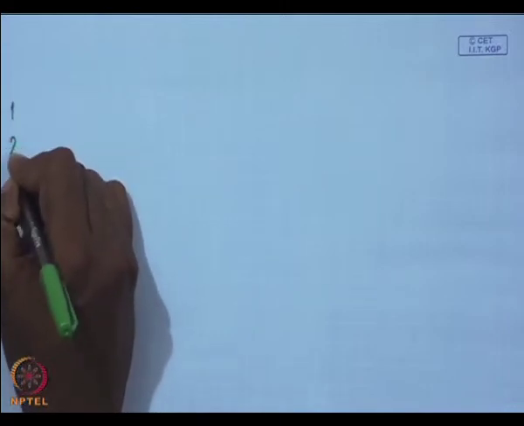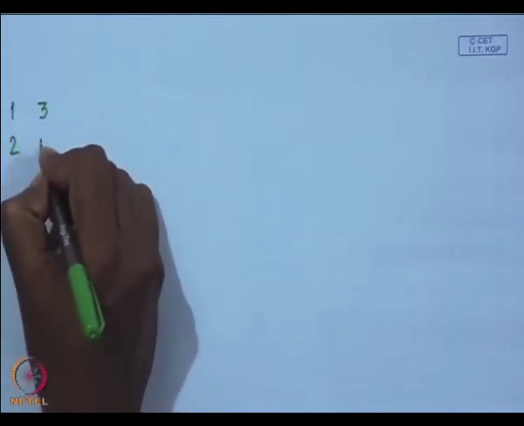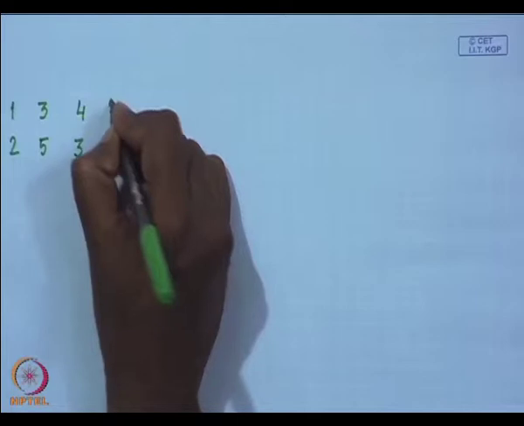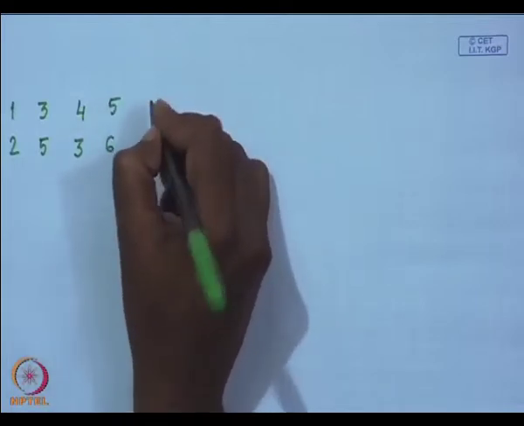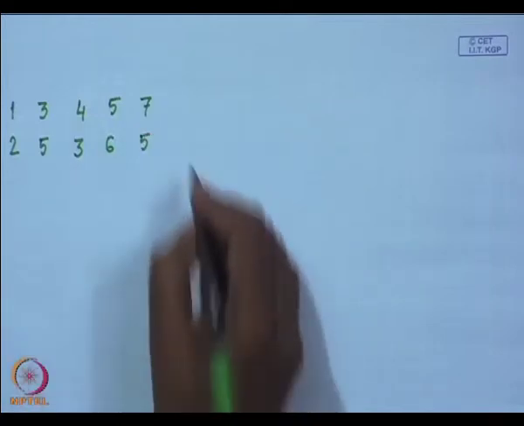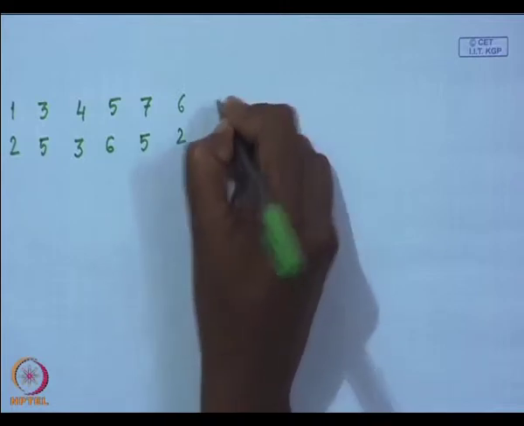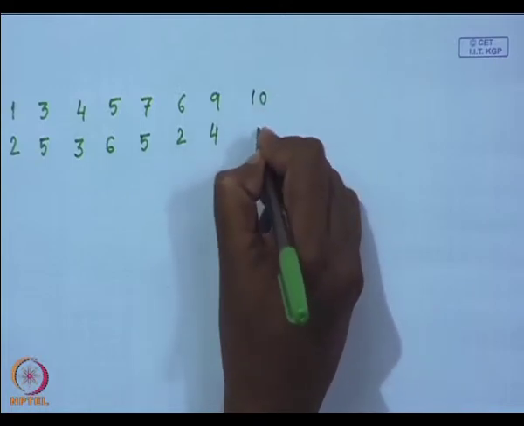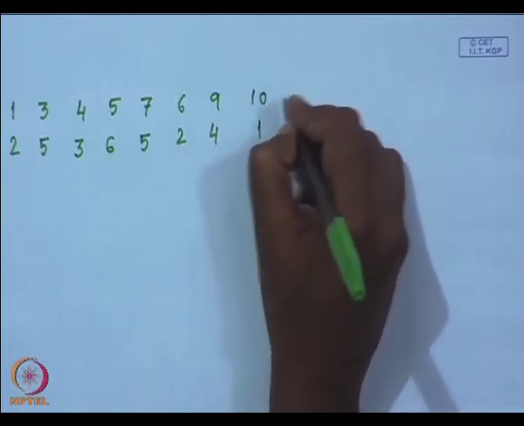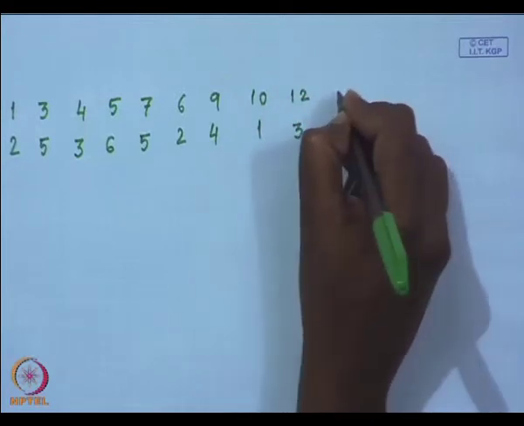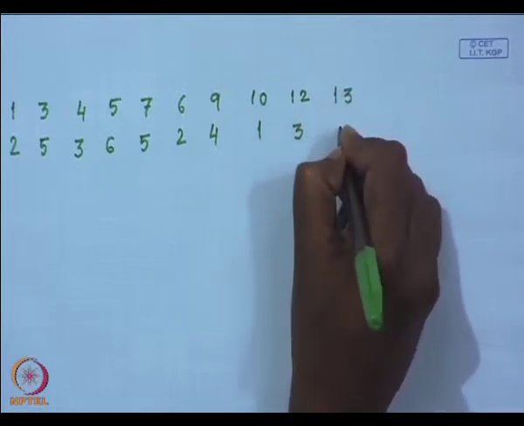So, we have the feature vectors (1, 2), (3, 5), (4, 3), (5, 6) and (7, 5) from class omega 1, and (6, 2), (9, 4), (10, 1), (12, 3) and (13, 6).